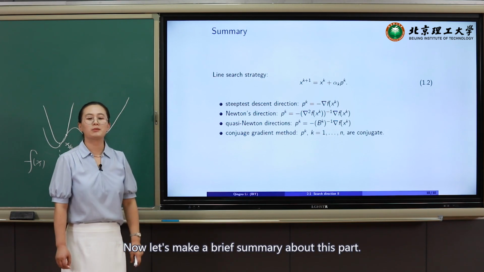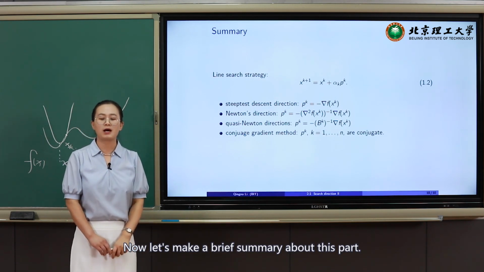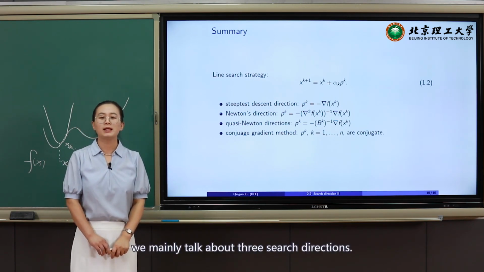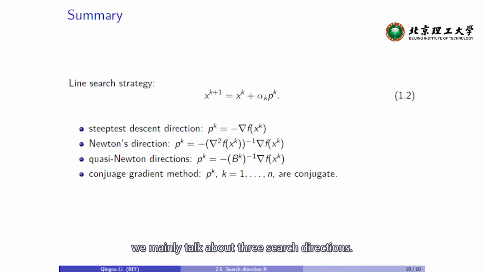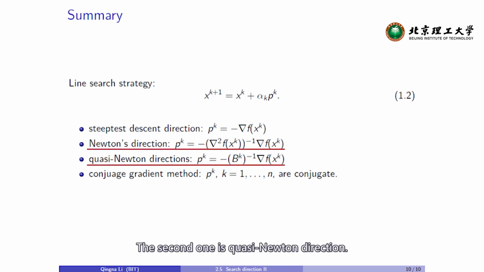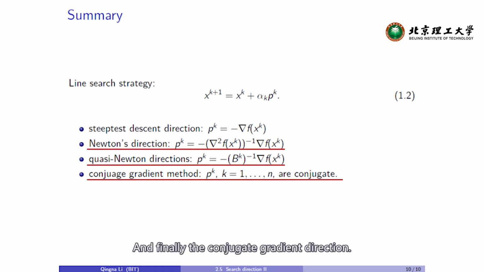Now, let's make a brief summary of this part. In this part, we mainly talked about three search directions. All of them are descent directions under some conditions. The first one is Newton's direction, the second one is the quasi-Newton direction, and finally the conjugate gradient direction.